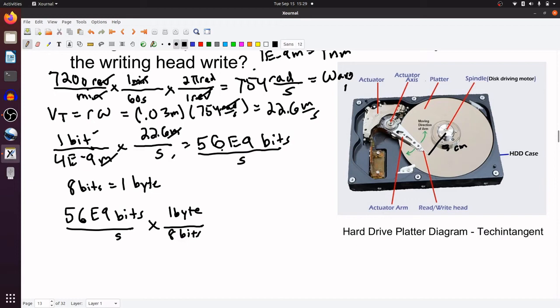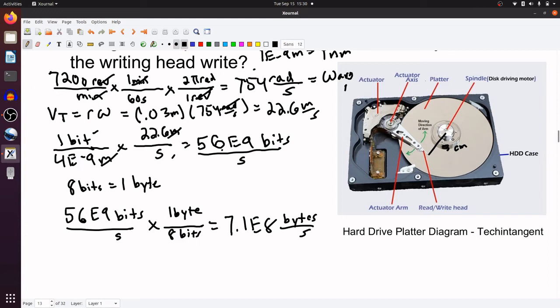So I divide that by 8, and that's going to give me 7.1 times 10 to the 8 bytes a second.